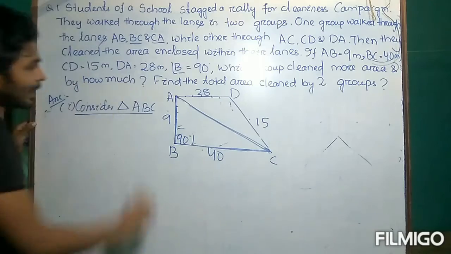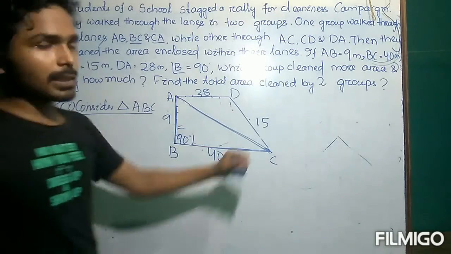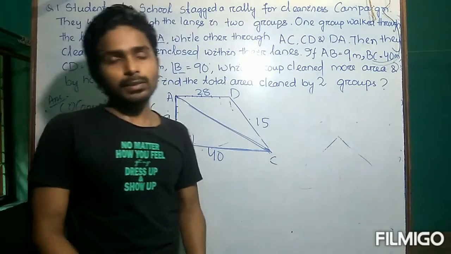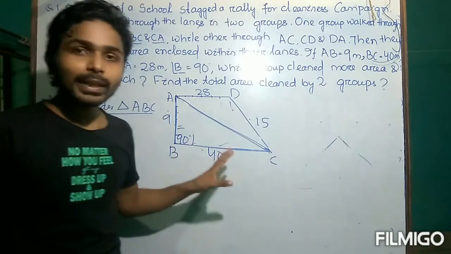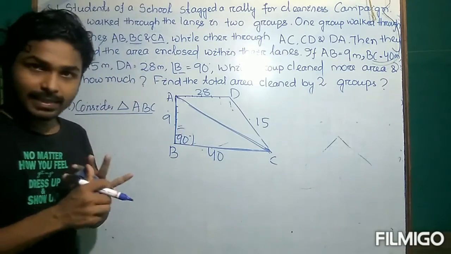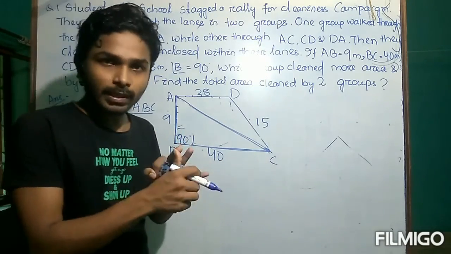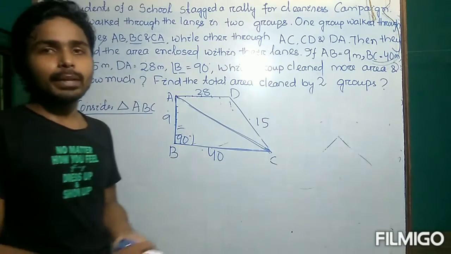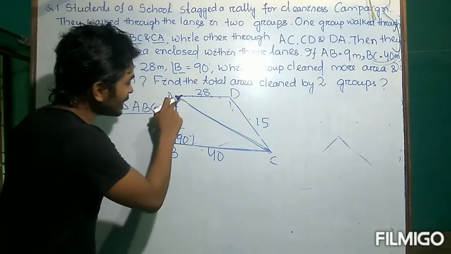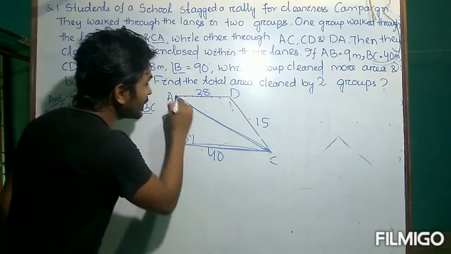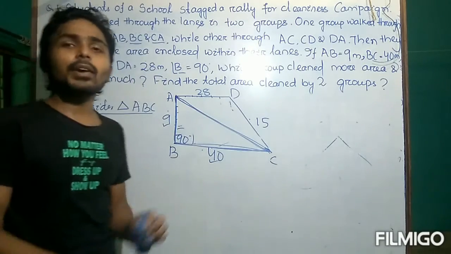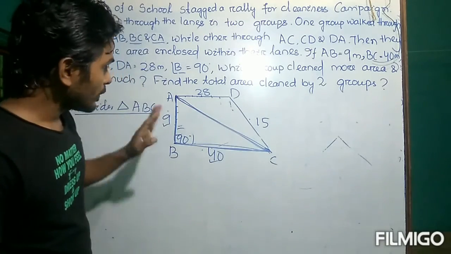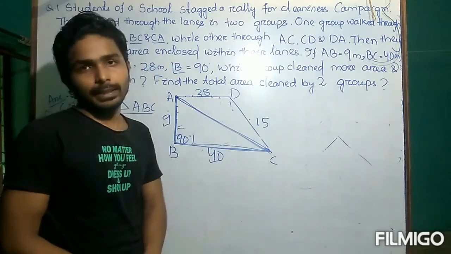We are going to find its area using Heron's formula. For Heron's formula we need the three sides a, b and c, as well as the semi-perimeter S. But here in triangle ABC you have only two sides. The third side is not given, so first we have to find this third side.